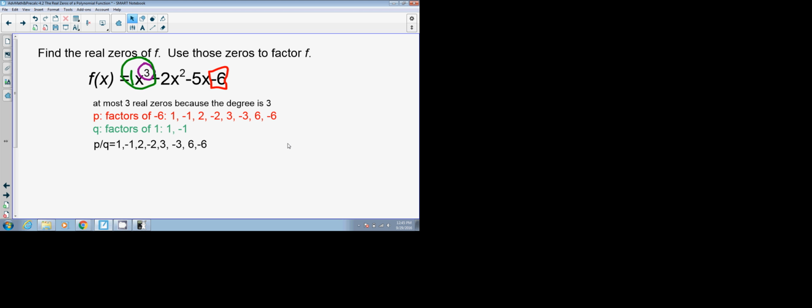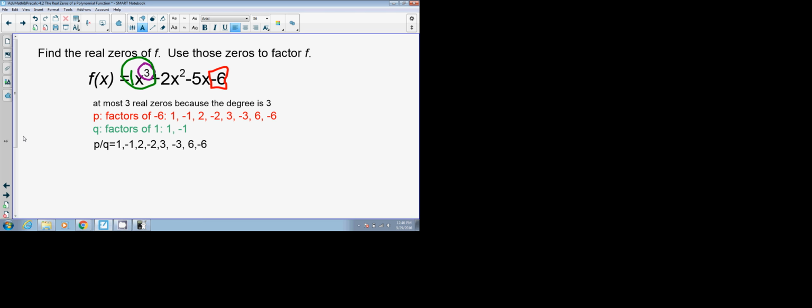So in order to do that, we're going to use the remainder theorem, which was talked about earlier in this section. The remainder theorem says that if we take a value we think is a factor and we plug it into the function and we get an output of 0, it is a factor.